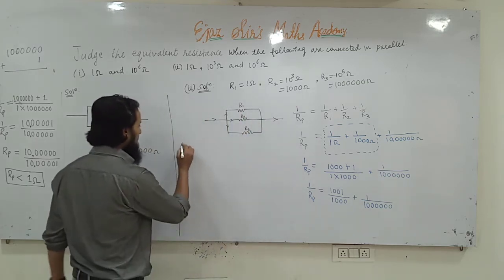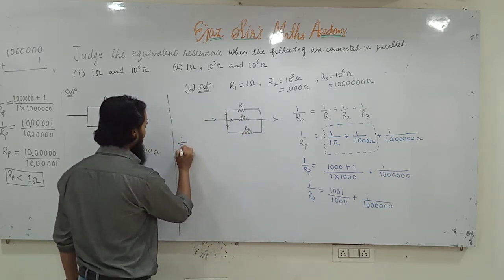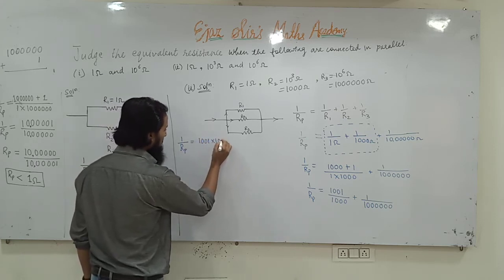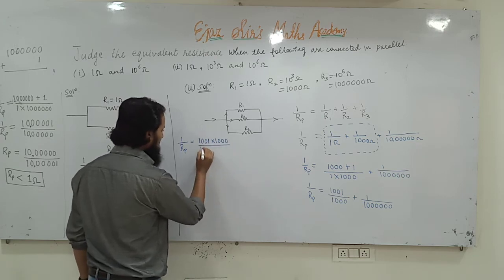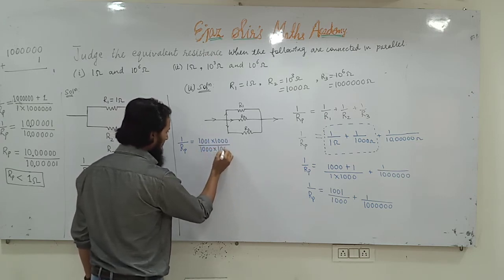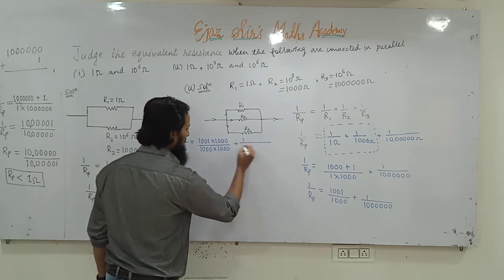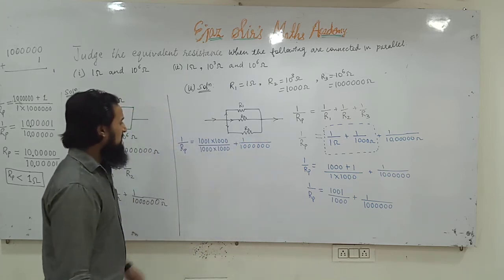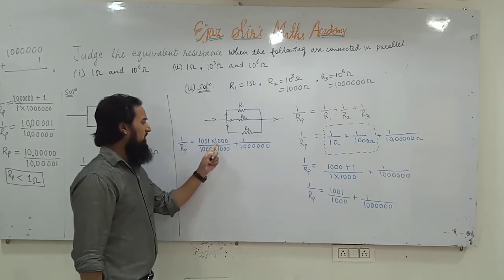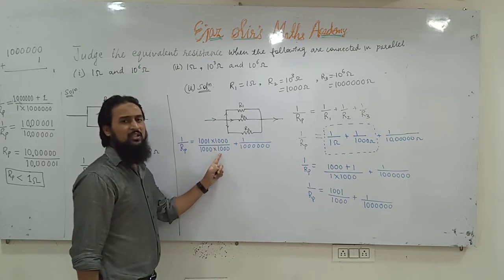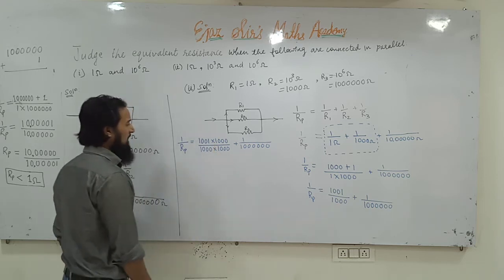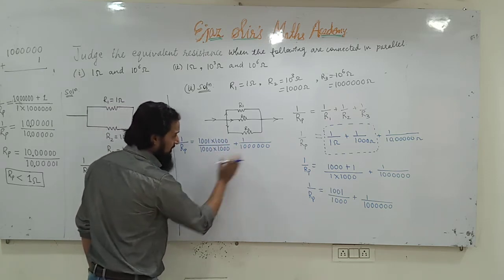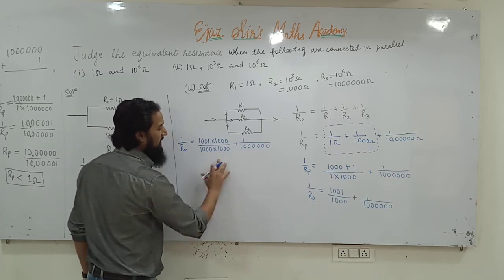So 1 upon Rp is equal to 1001 multiplied by 1000, and this 1000 is also being multiplied by 1000, plus 1 upon 10^6. I have multiplied this numerator by 1000 and this denominator also by 1000. Why have I done this? Because I want the two denominators to become the same. Then we will write them only once.